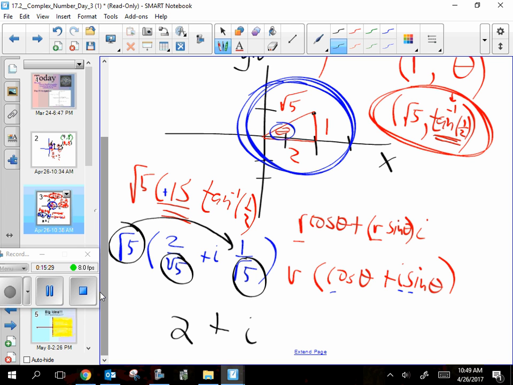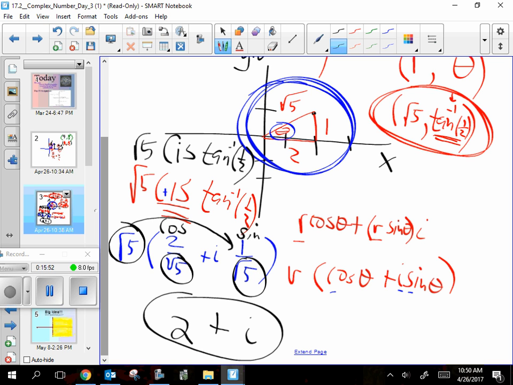So I took root 5 CIS inverse tan of a half, and knowing my picture, the picture was huge, I figured out what cosine i sine meant, and it allowed me to take this form, which is complex rectangular form, because you get how it's got the 2 and the 1, and those are just the rectangular coordinates for it, and changes it to cosine i sine form.